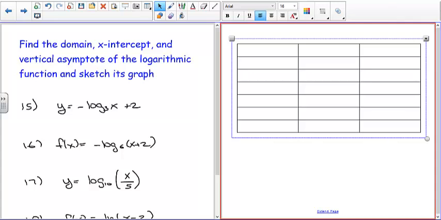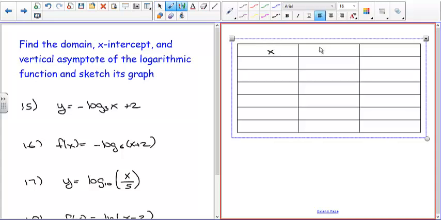So the first column is x, and then we have log, in this case base 3 of x, and then negative log base 3 of x plus 2. Now the values for x, we don't want to pick 1, 2, 3, 4, 5 like that.